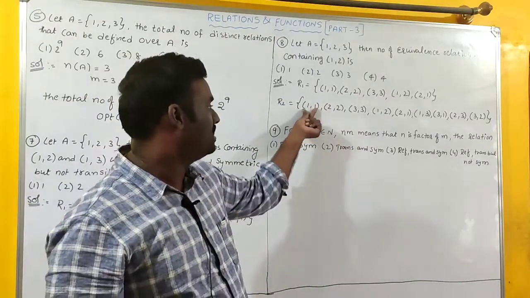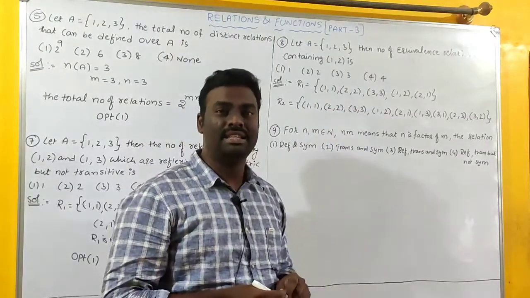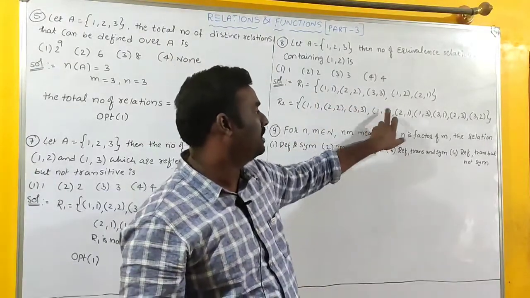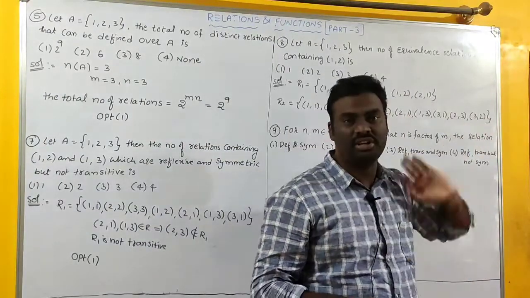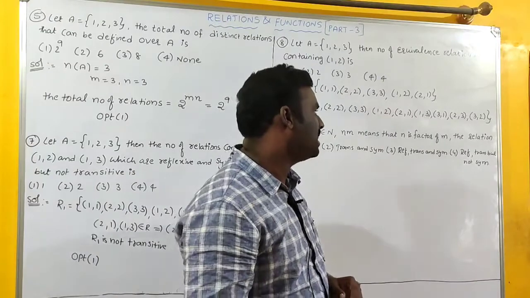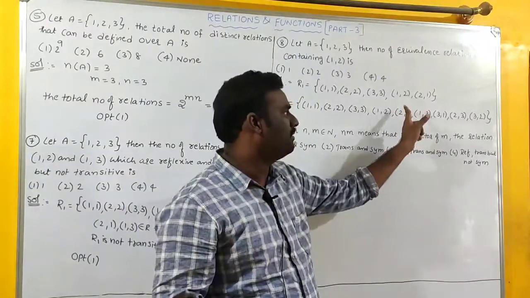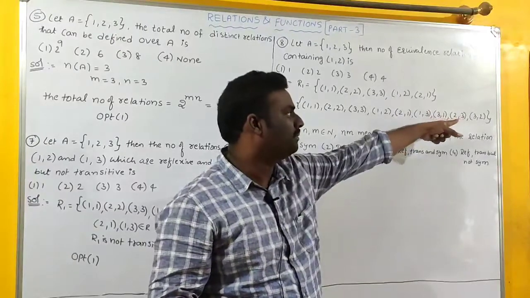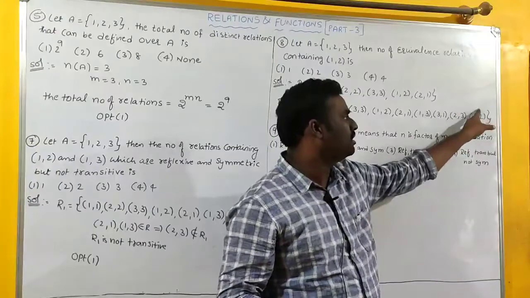Yes. (1, 1) is there, (2, 2) is there, (3, 3) is there. It is symmetric. Yes. (1, 2) reverse (2, 1), (1, 3) reverse (3, 1), (2, 3) reverse (3, 2). It is transitive. Yes. If you take these two pairs, the resultant pair (2, 3) is there. If you take these two pairs, the resultant pair will be (2, 2).